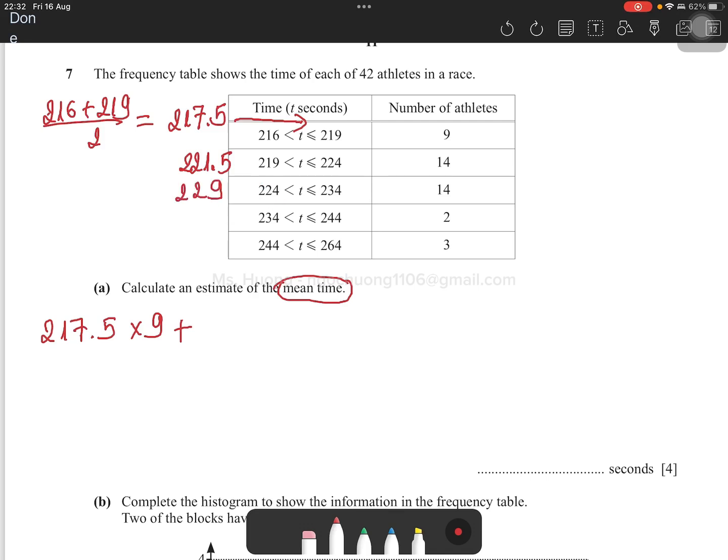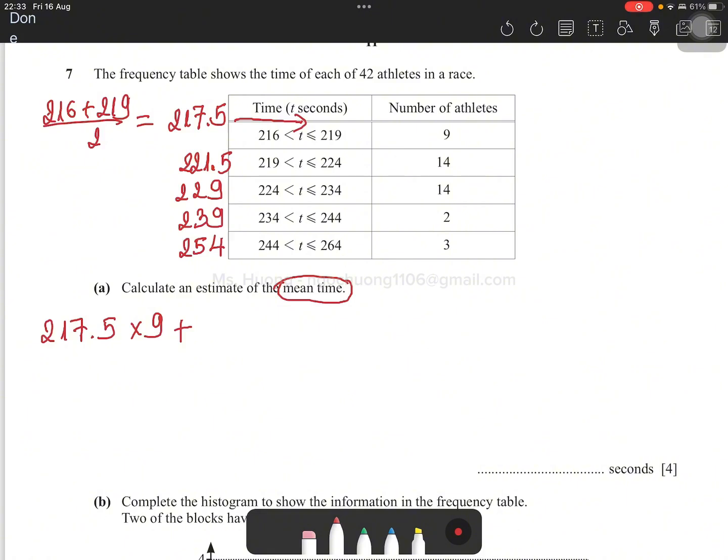Next, 234 plus 244 equals 478. 478 divided by 2 is 239. Finally, 244 plus 264 is 508. 508 divided by 2 is 254.